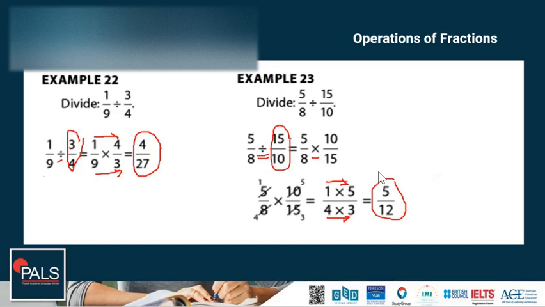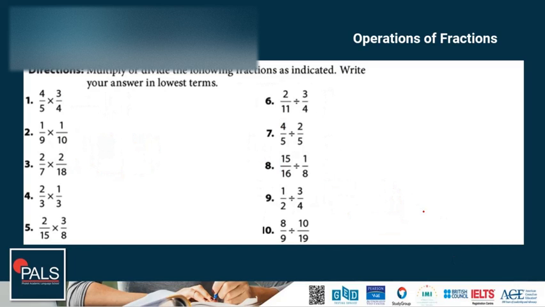So multiplying and dividing fractions is easy. You just need to remember a few conditions that you need to follow. Let's proceed to our drill. Multiply or divide the following fractions as indicated. Write your answer in lowest terms.